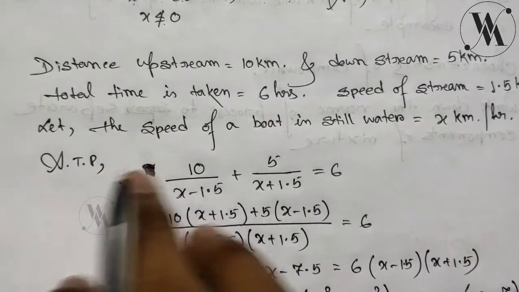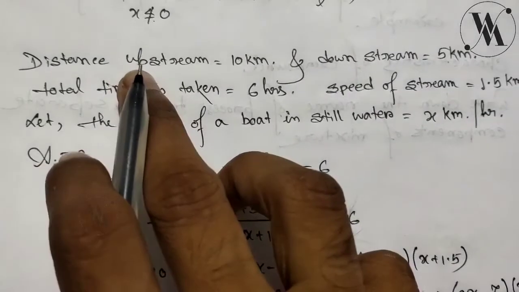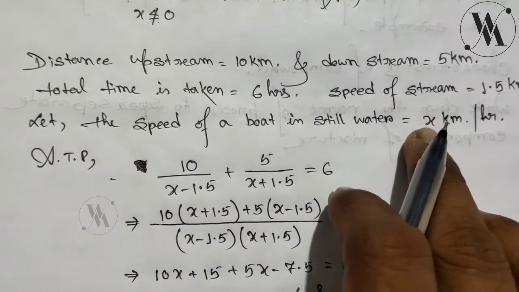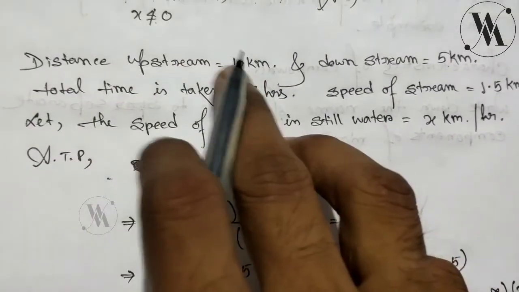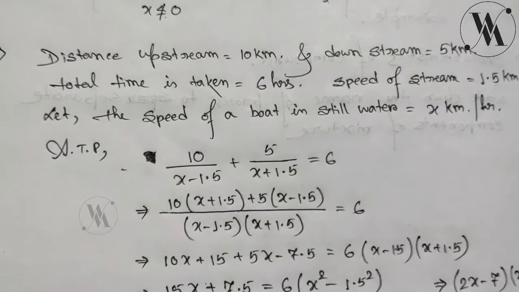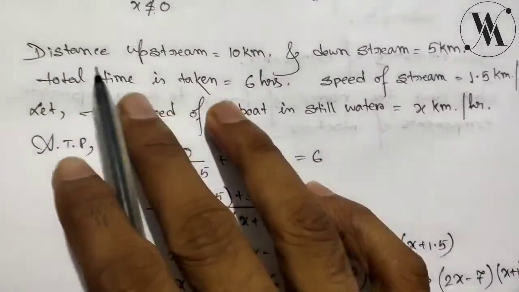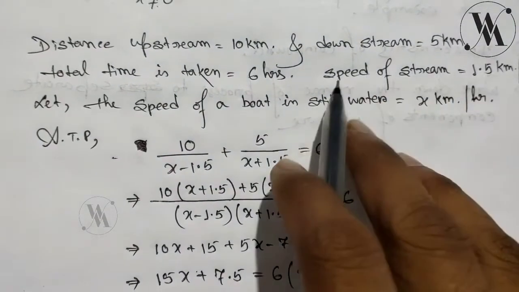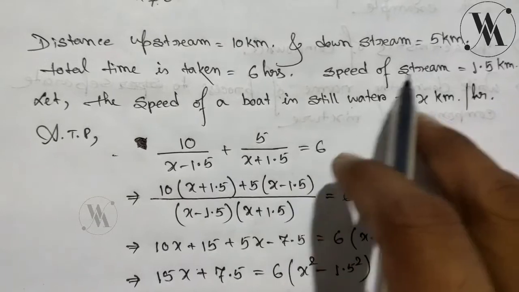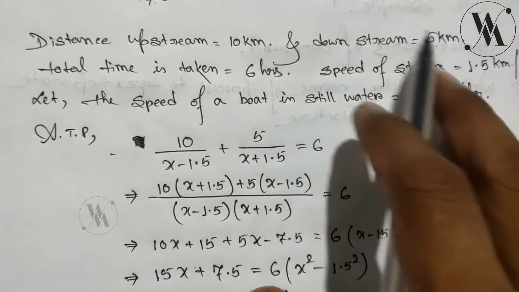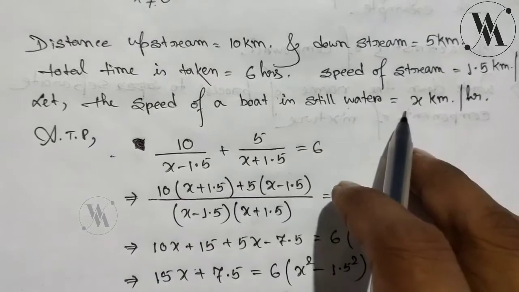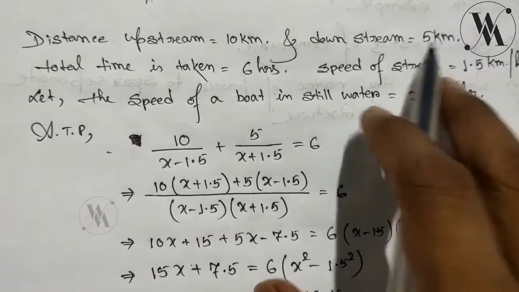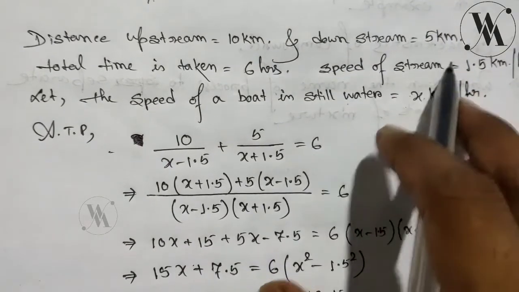So according to the problem, when the boat goes upstream, then the speed of the stream is subtracted from the speed of the boat, and when the boat goes downstream, then the speed of the stream is added to the speed of the boat. Okay, so for downstream it will be added, and for upstream it will be subtracted.